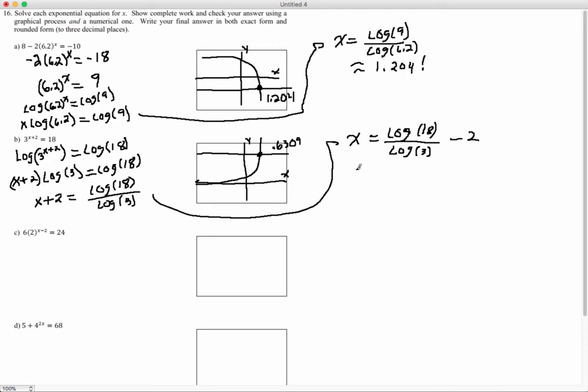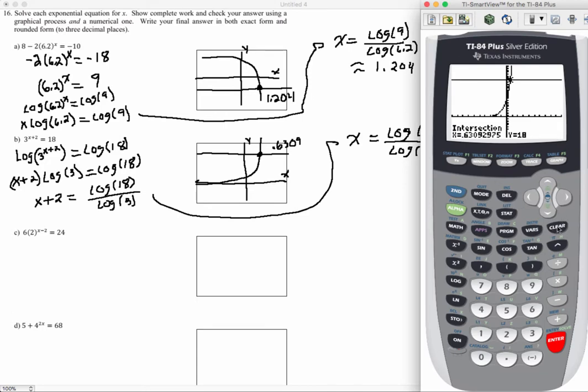So let's go take a look and see what log of 18 divided by log of 3 minus 2 is. I was going to do log of 18 divided by log of 3. And then we're going to subtract 2 off that. And look at that.